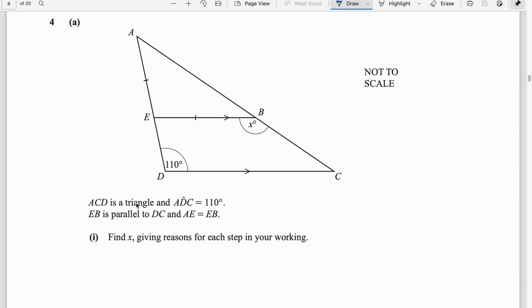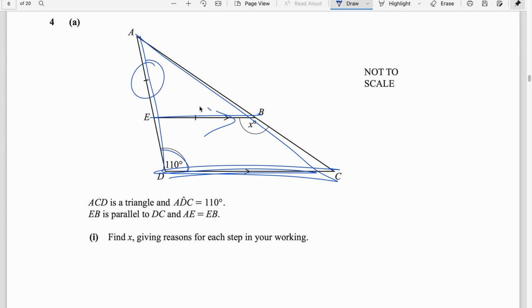Question number 4. ACD and triangle ADC. ACD is a triangle and ADC is 110. EB is parallel to DC and AE is equal to AB. AE is equal to EB, isosceles.